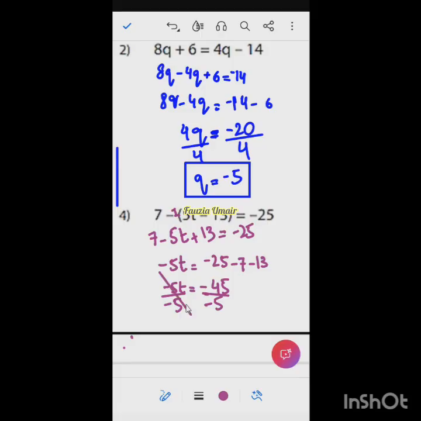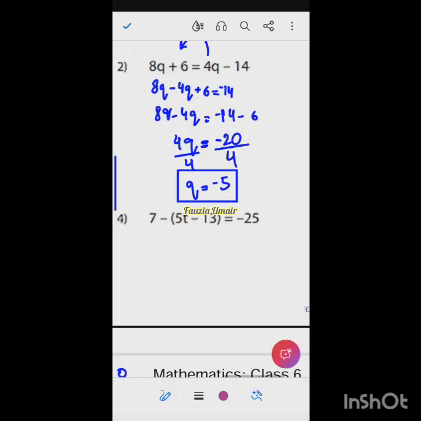So this is cancelled. So t is equal to minus divided by a minus is a plus. 45 divided by 5 would be 9. So what is the answer? T is 9, right? Plus 9.